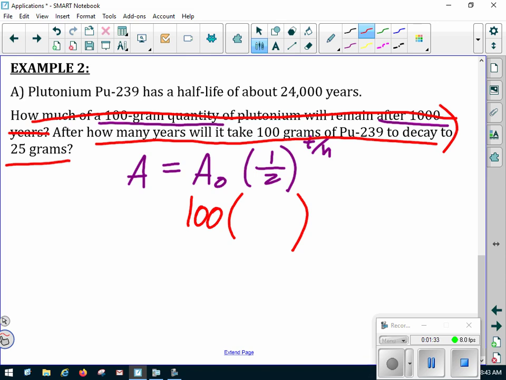We know this is a half. How many years will it take 100 grams, so we've got the 100, to decay to 25 grams? What's the 25 grams going to represent? Our final amount. Good, so the 25 is going to go here.